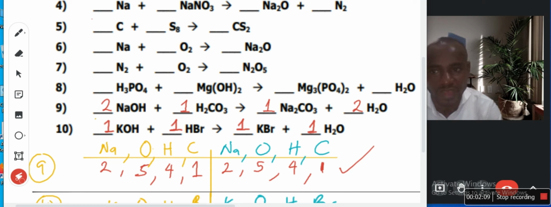4. Yes, that's correct. I will have to write 4 here. I've written the 4. Wait, I'm wrong. Yes, if you write 4 there, 4 times 2 gives you 8 sulfur now, is it not?